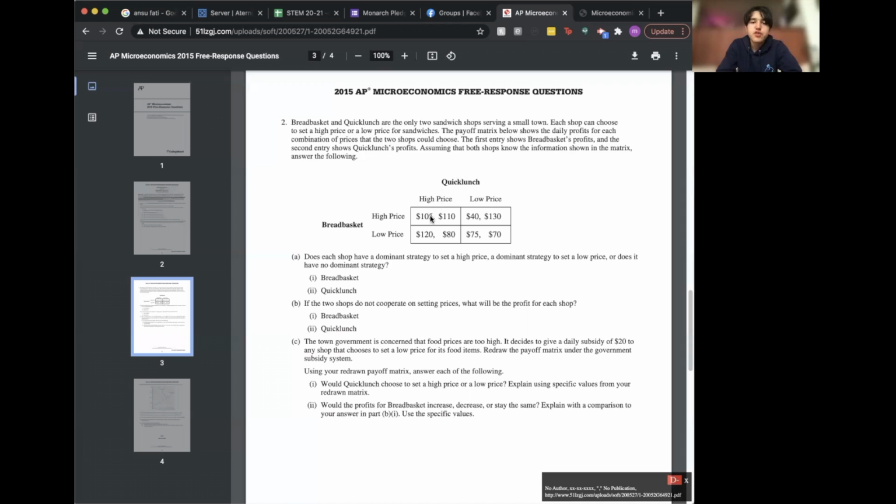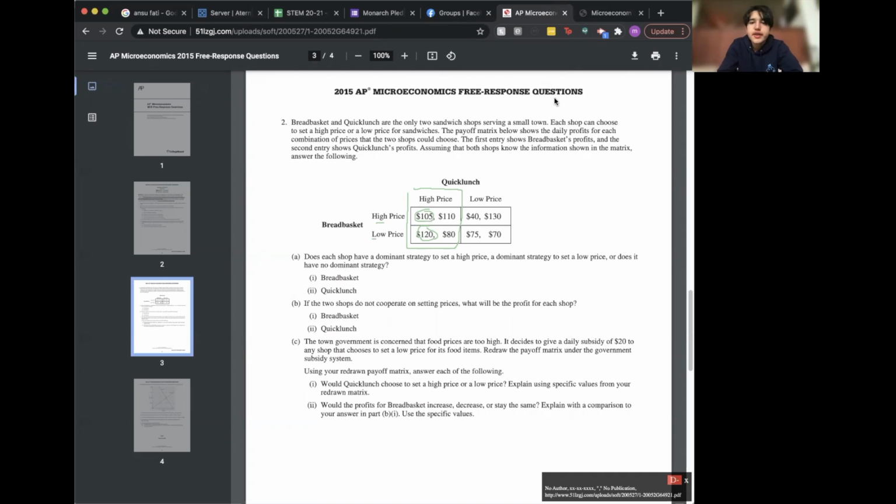If Quick Lunch goes for high price, right here, that means that Breadbasket could either go high price or low price. If they went high price, they would earn $105. If they went low price, they would earn $120. So if Quick Lunch went for the high price, then it would be beneficial for Breadbasket to go for the lower price.